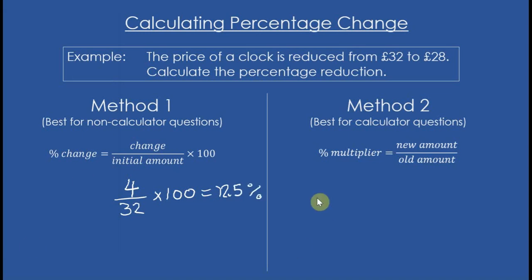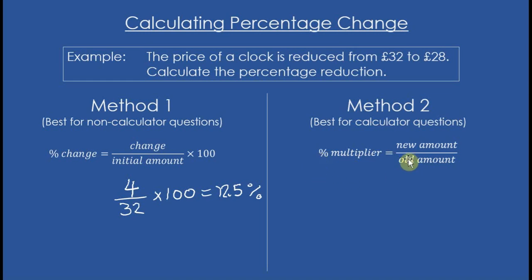Okay, this method actually works out the percentage multiplier, and then you have to look at the multiplier to determine the percentage change. So some people don't like it because of that, as maybe they think of that as an extra step that they might forget to do, but I do find it quicker, and I find it ties in a bit more with some of the other methods we use with percentages.